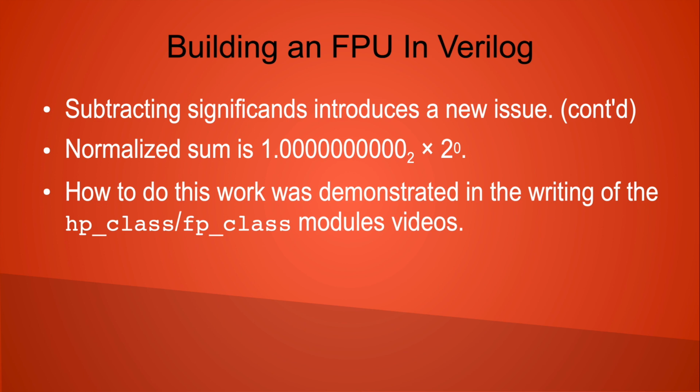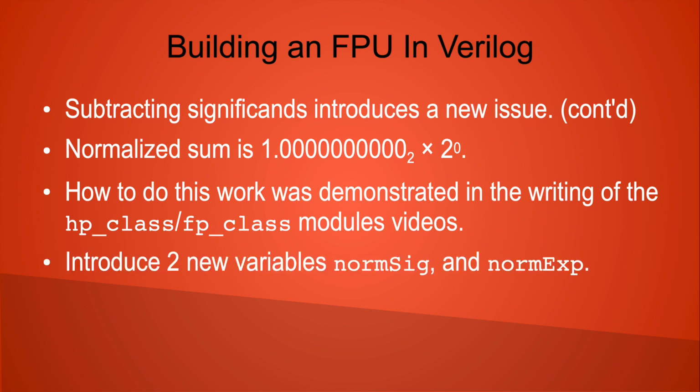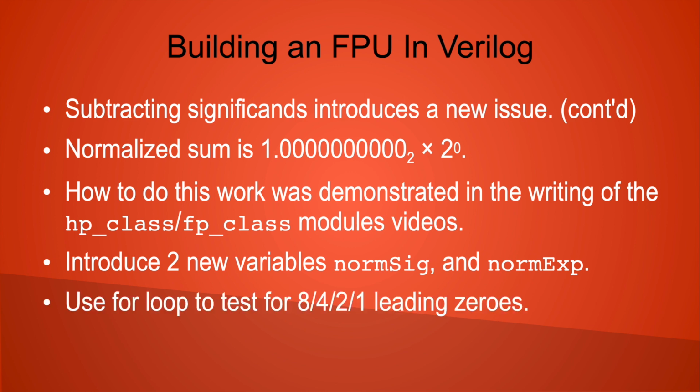We saw how to perform this left shift before when we examined the HP class and FP class modules. Here I introduce two new values, normsig and normexp. Then using a for loop, I test for a string of 8 leading zeros. If 8 leading zeros exist, the code shifts normsig left 8 places and increments the count of how many places the significand was shifted.